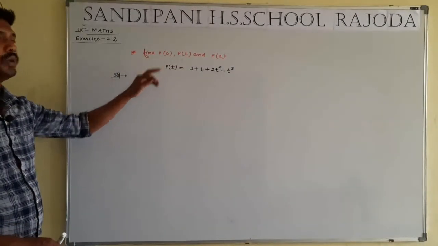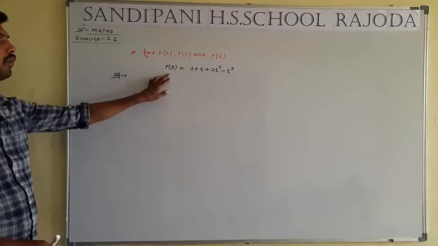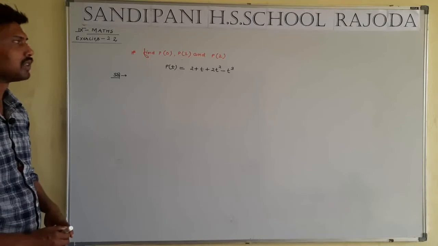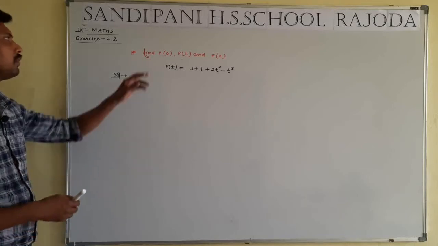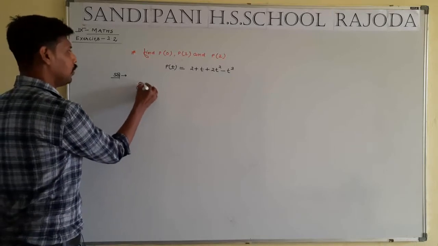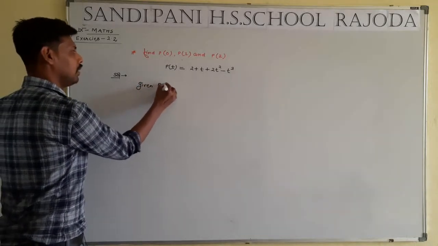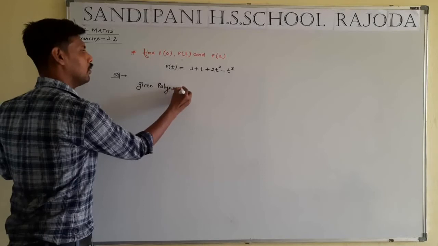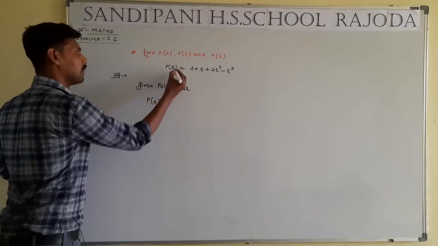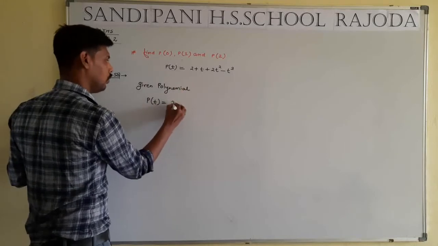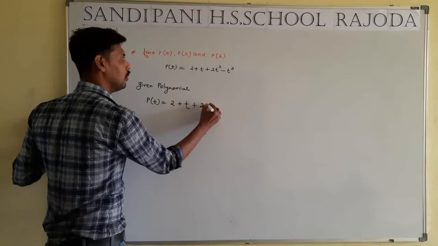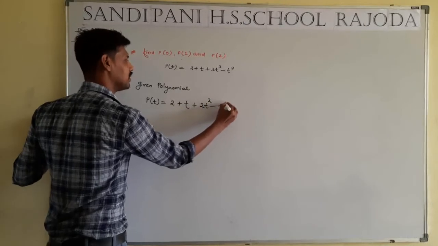Find P(0), P(1) and P(2) for the following polynomial. P(t) will be equal to 2 plus t plus 2t square minus t cube. The demand of the question: we have to find P(0), P(1) and P(2). Now the given polynomial is P(t) equal to 2 plus t plus 2t square minus t cube.